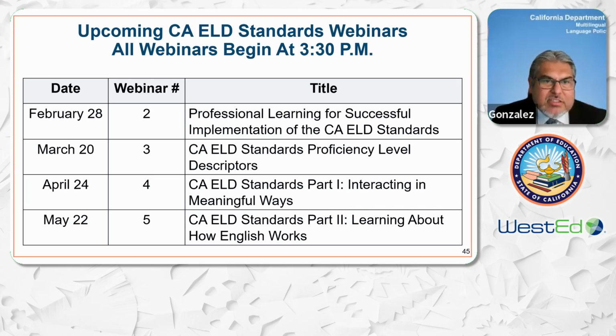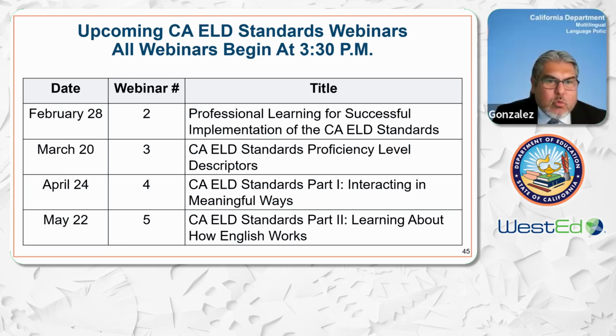The fourth webinar in the series, California ELD Standards Part 1, Interacting in Meaningful Ways, will do a deep coverage of Part 1 of the ELD Standards in Chapter 3, and will take place on Wednesday, April 24th, 2024.